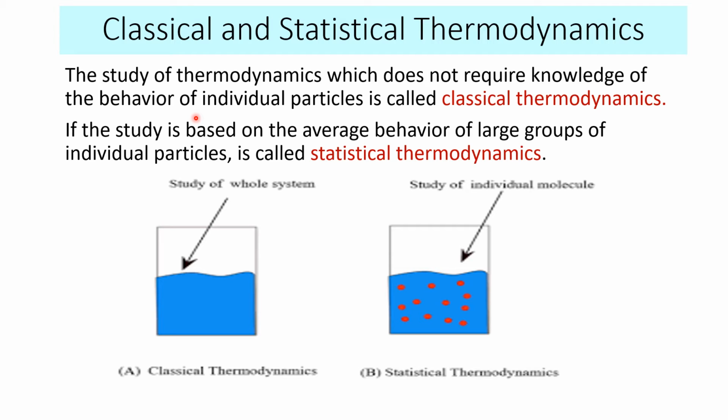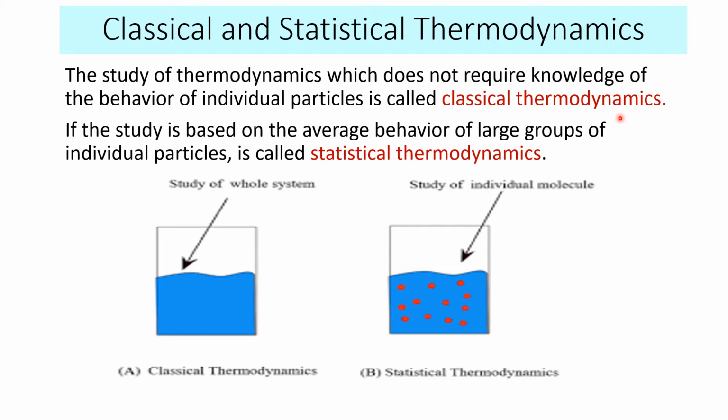It would be sufficient if we attach a pressure gauge to the container, and then we read how much the pressure of the gas is. This macroscopic approach to the study of thermodynamics, which does not require a knowledge of the behavior of the individual particles, is called classical thermodynamics.